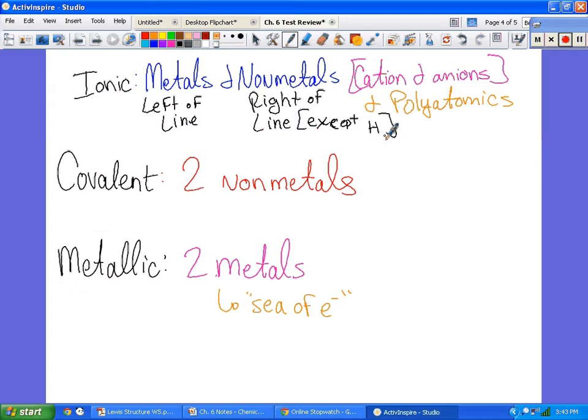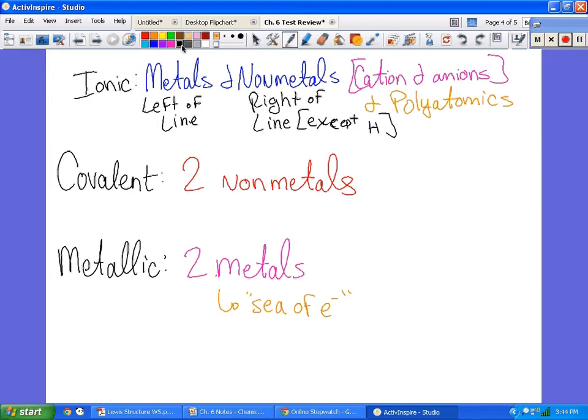So what you're going to have is cations and anions, and it's also going to be polyatomics as well. All right, so covalent is between two non-metals. So where do both of them have to come from? Very good.